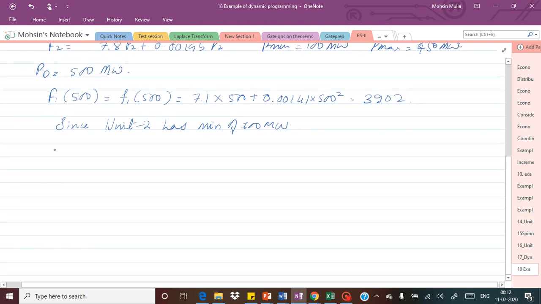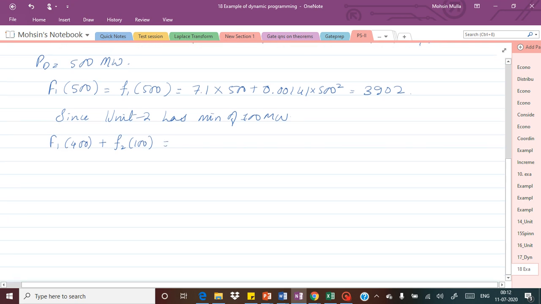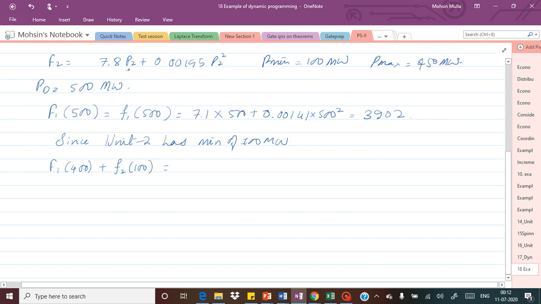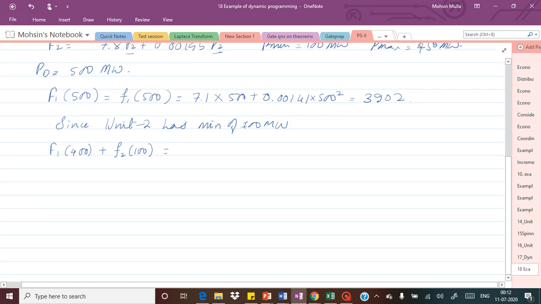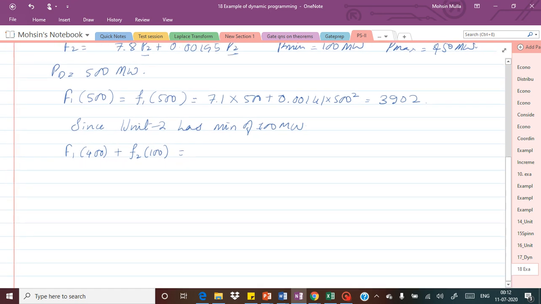So automatically out of 500, F1 will be using 400 and F2 will be using 100. When we add the two values, let us write whatever we get after multiplication. In case of F2 100, we substitute 100 in place of P2, and for F1 400 we write whatever we get.